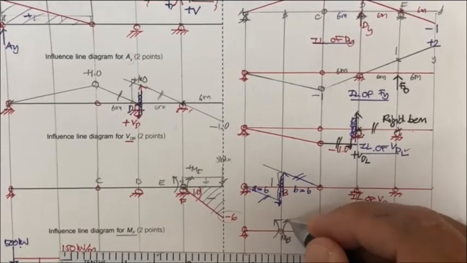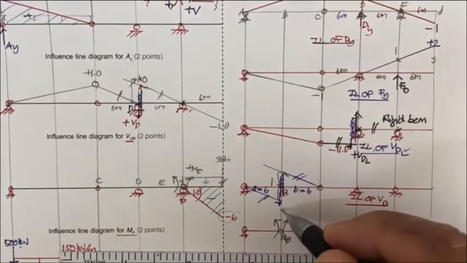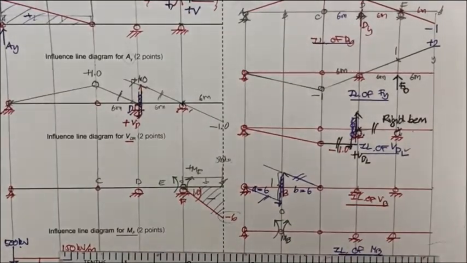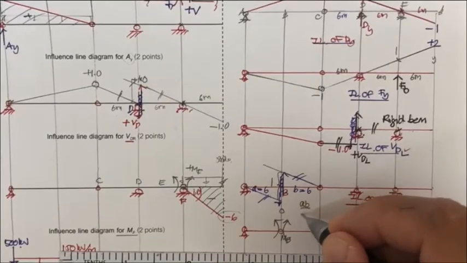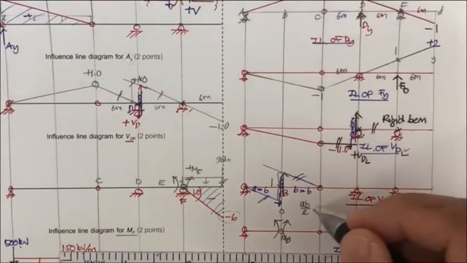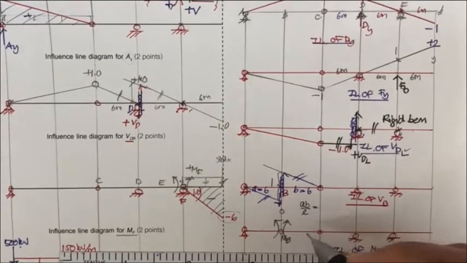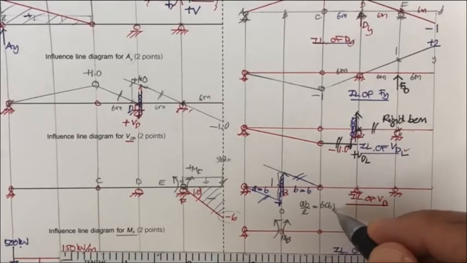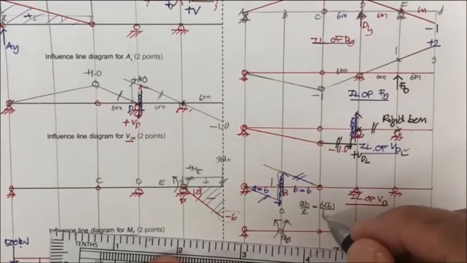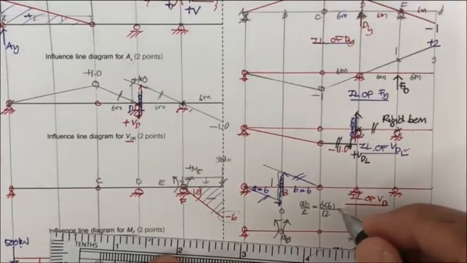This point is going to move somewhere here with AB over L, which is 6 times 6 divided by 12.